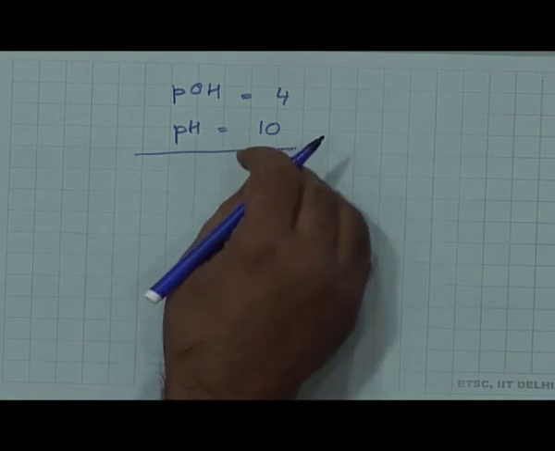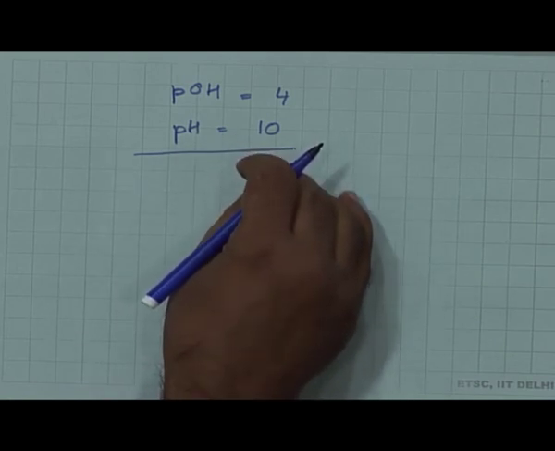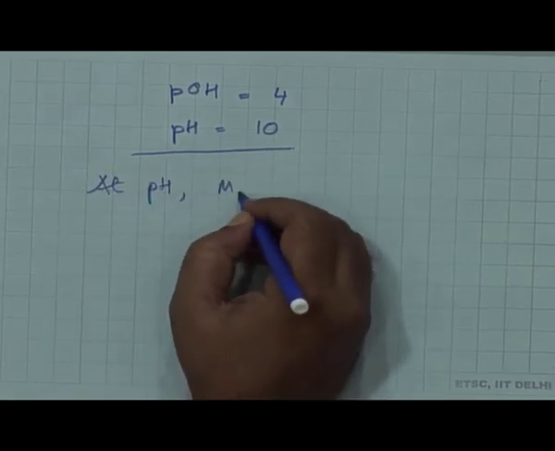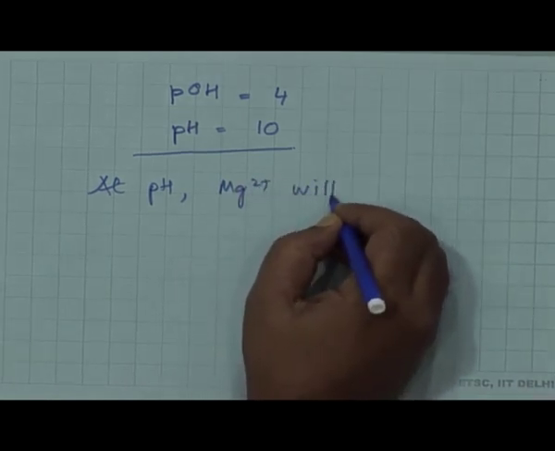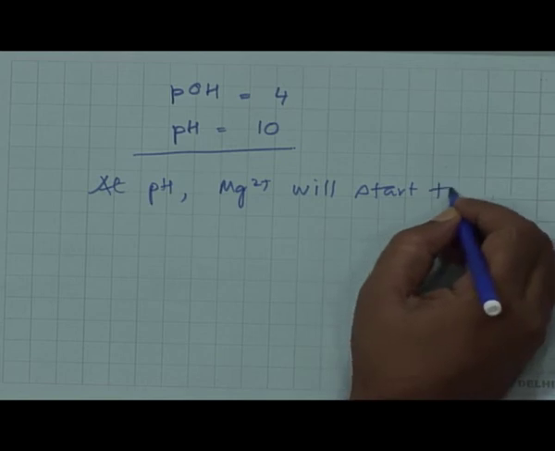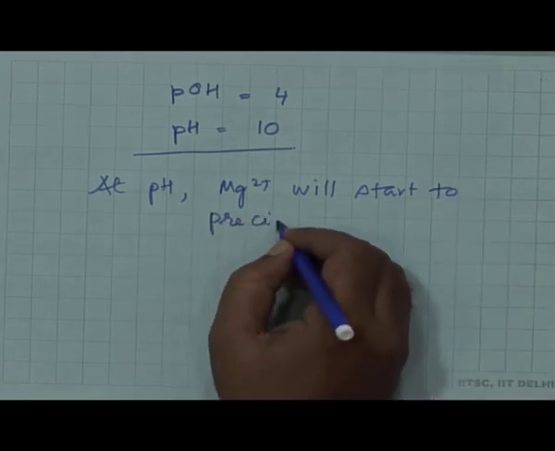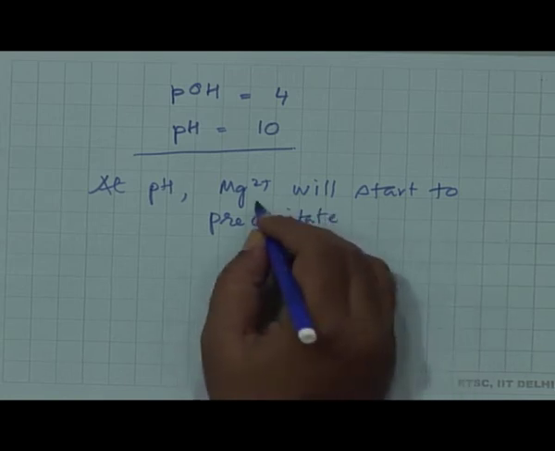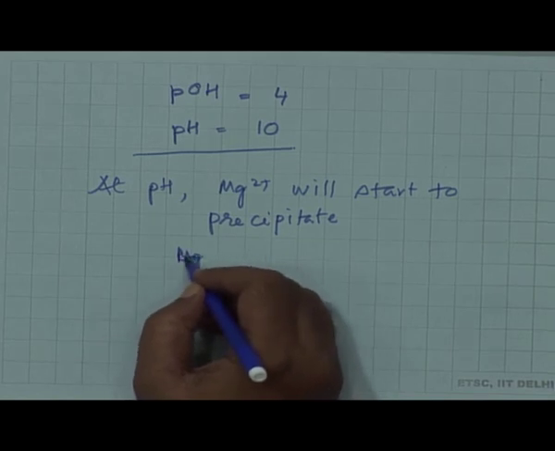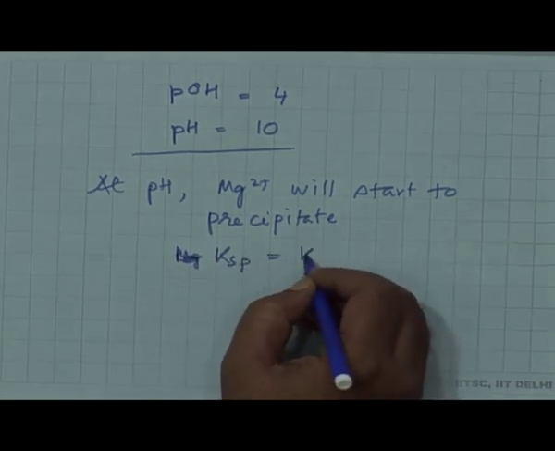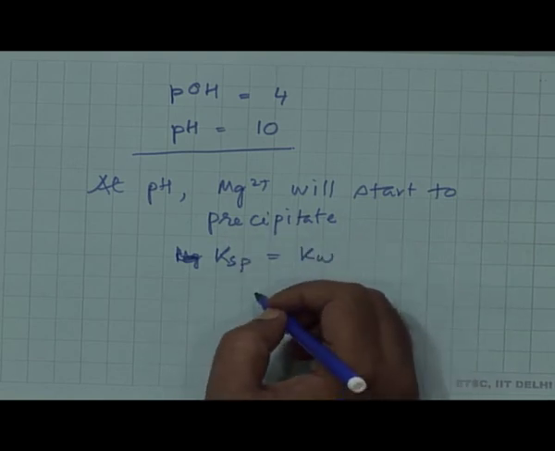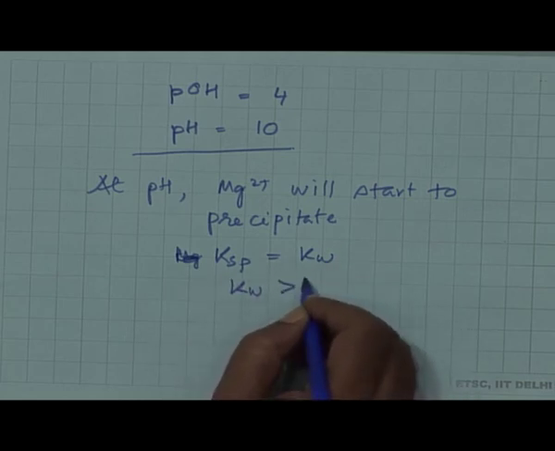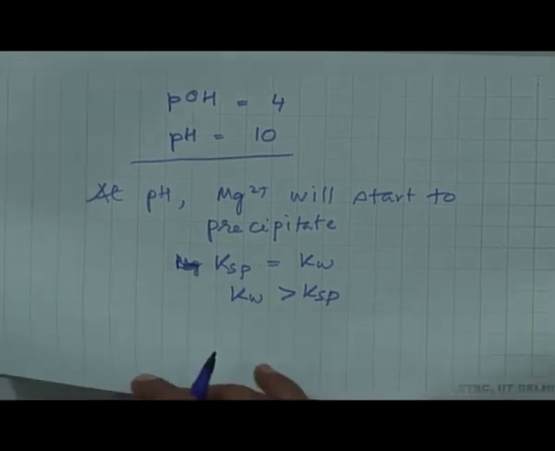At this pH your Mg2+ ion will start to precipitate, since at that point the ionic product of Mg2+ and OH minus will be equal to Ksp, and if we go up in pH, then the ionic product will be greater than Ksp and precipitation will begin.